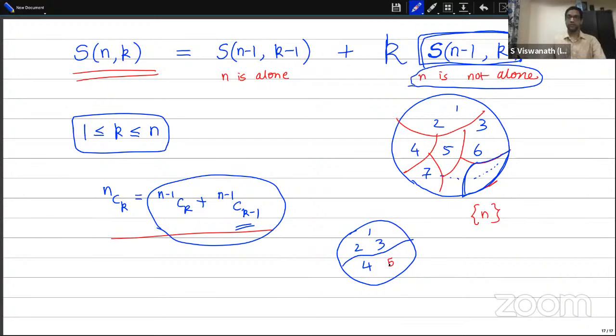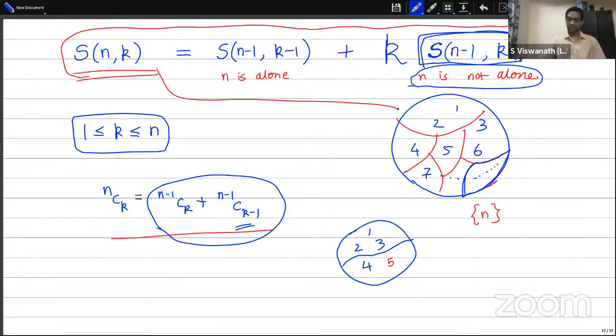Those are going to give me 2 different partitions of 1 through 5, in both of which 5 is not alone, and on deletion of 5, they will both give me the same partition of 1 through 4. So it's a slightly difficult argument if you haven't seen things like this before. So maybe I would encourage people to think about this a little bit more and see how one gets this.